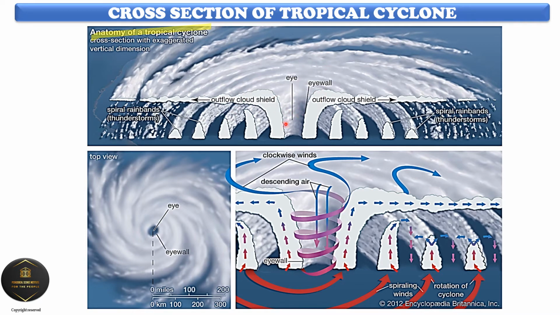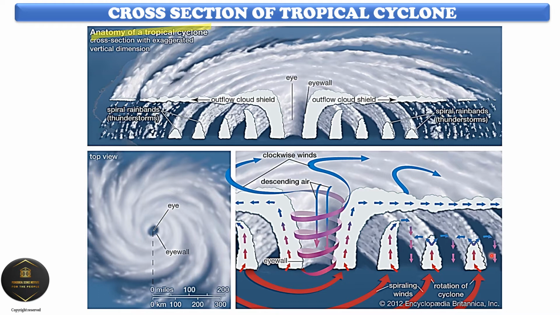And since it is warming up adiabatically, you are going to have very hot, stable weather conditions over the eye. But we will not have any moisture, so there will be no precipitation as a result. If you look at the top view, the eye will have no cloud cover, no winds, so it will have relatively stable weather conditions.